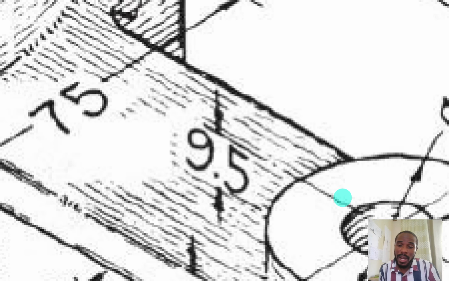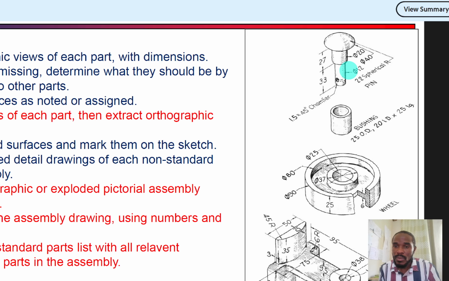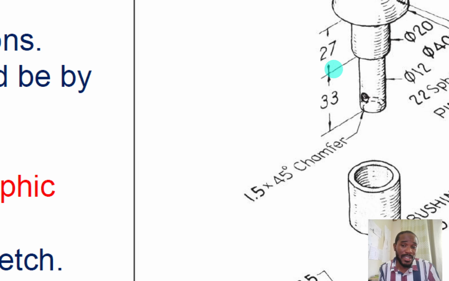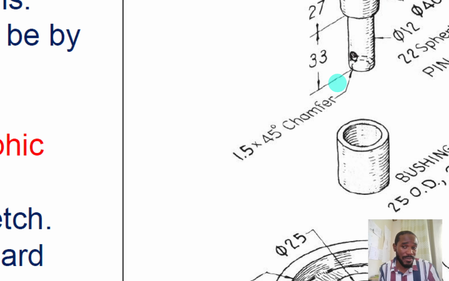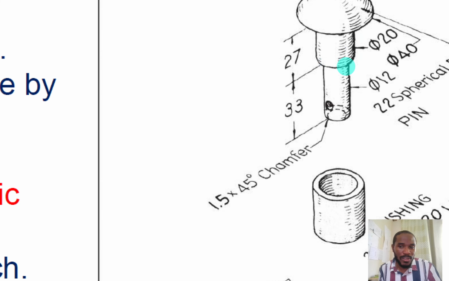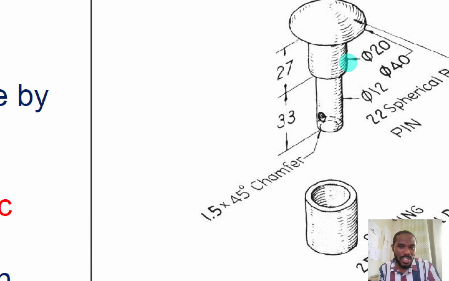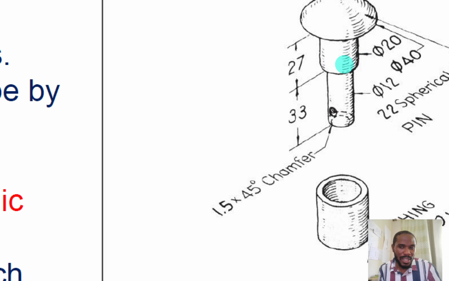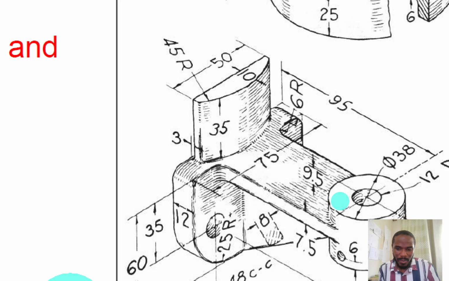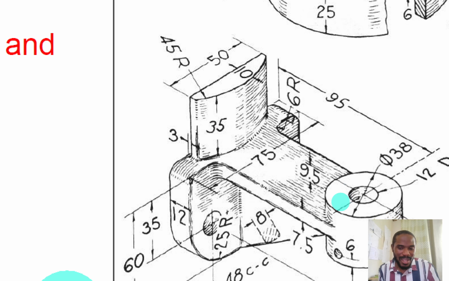Now, when you put this pin in there, this is 33 millimeters, and that is 30. But this 20 millimeter diameter cylinder will sit on this guy. So we can start counting the 24.